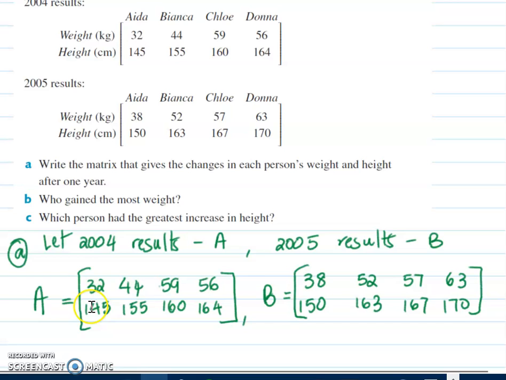So if you have a look at the elements within the matrix, 32 to 38, 44 to 52, 59 to 57, and then 56 to 63, then 145 to 150, 155 to 163.